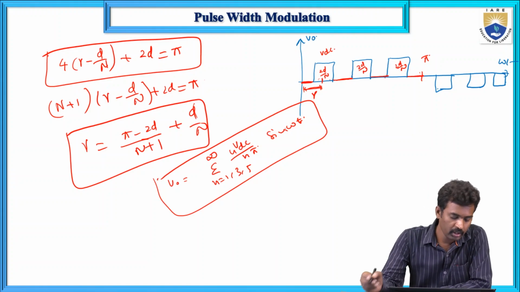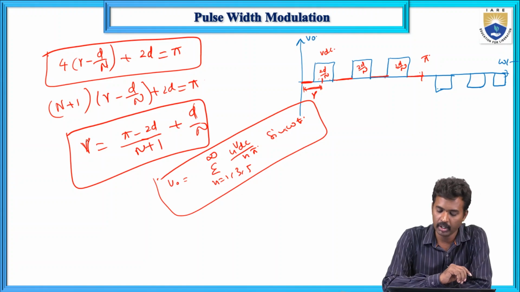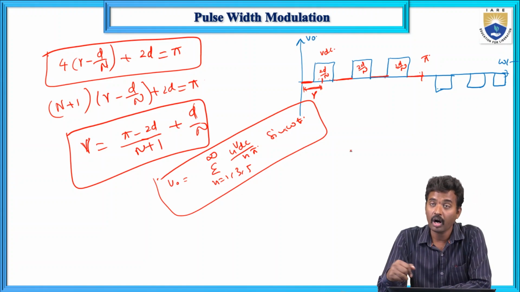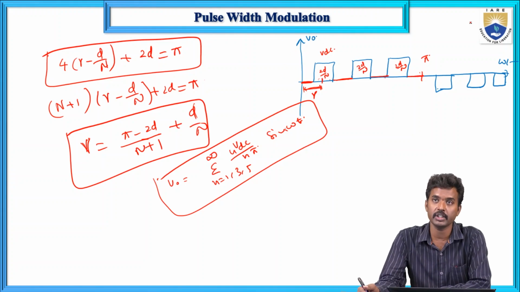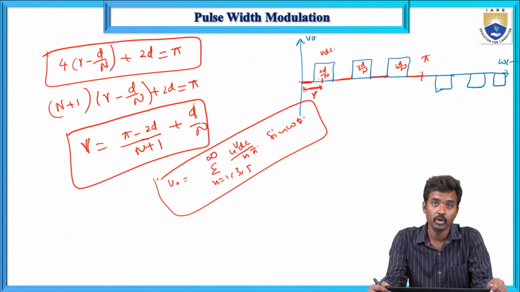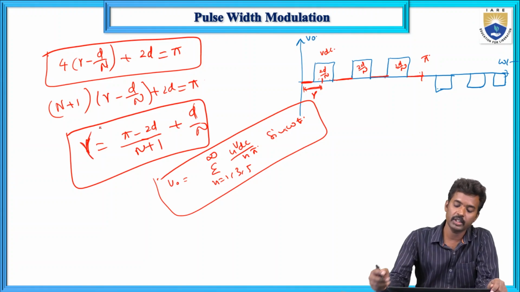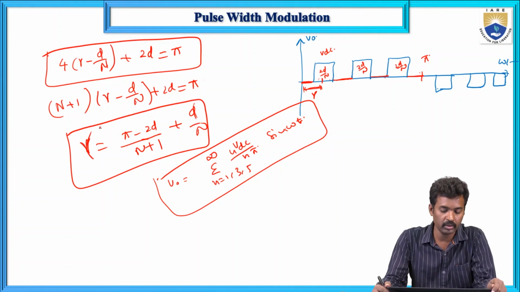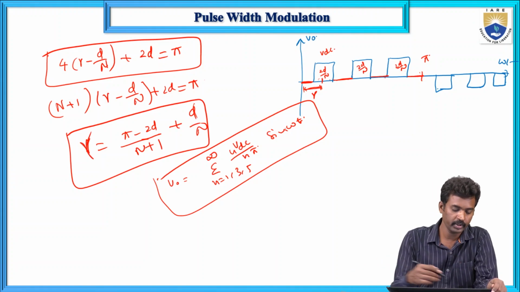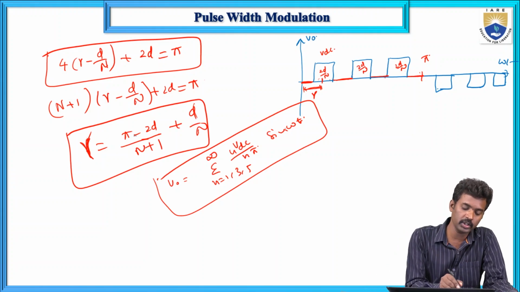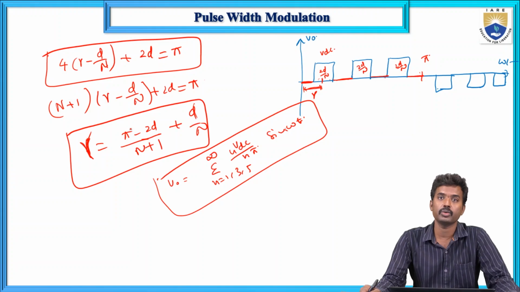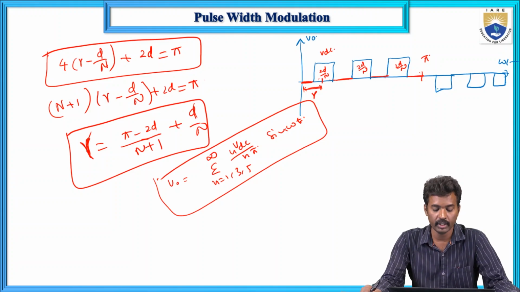Now how will you calculate gamma? Here we get half wave symmetry in the output voltage, so we need to derive the Fourier series expression for the output voltage. In that case gamma is the most important term, which is why I derived gamma equals pi minus 2d by n plus 1, d by n.